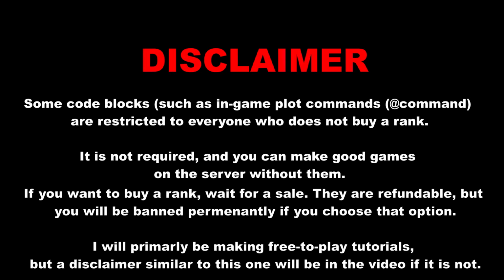Some actions that I can do because I've purchased my rank, players who just joined cannot. And I will try to be sticking with basic actions that are free to anyone on the server. If you do not buy a rank, you only get one 50 by 50 plot, which is the plot that we're in right now.